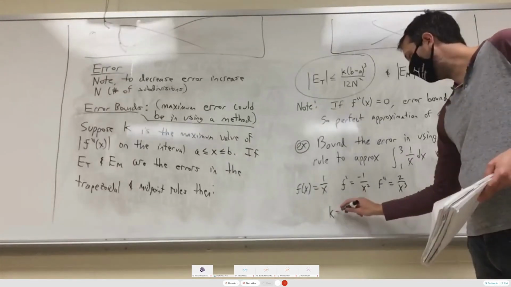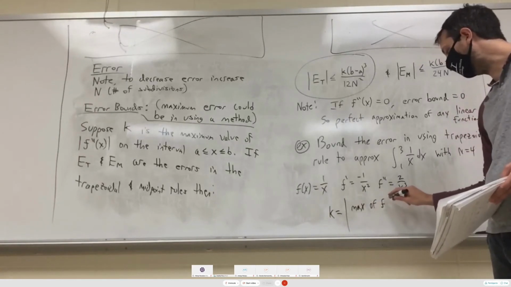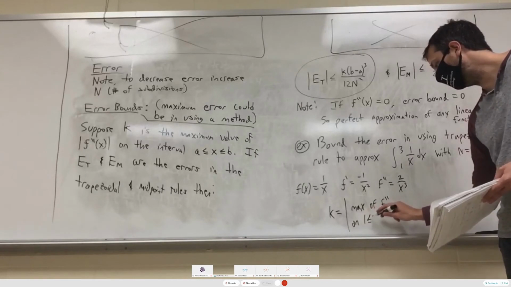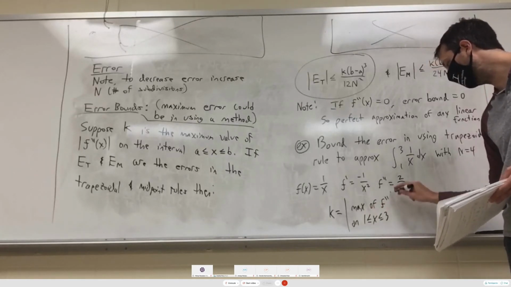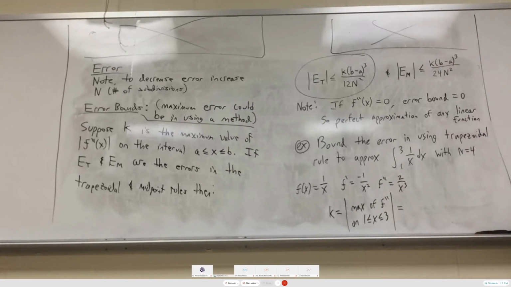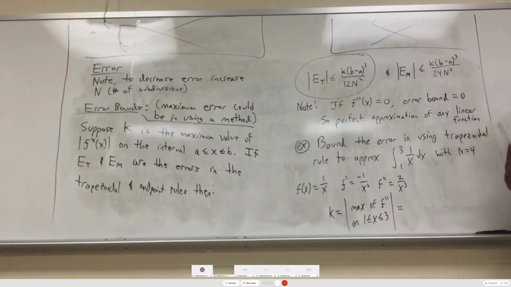And my k, I'm just going to write this in words, it's going to be the max of f double prime on the range 1 to 3. So what is the biggest that the second derivative can be on the range 1 to 3? First of all, what value of x would make it the maximum?